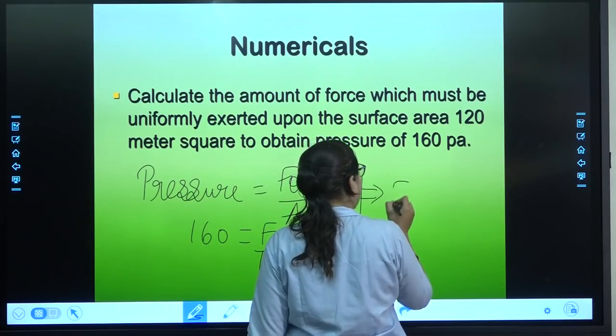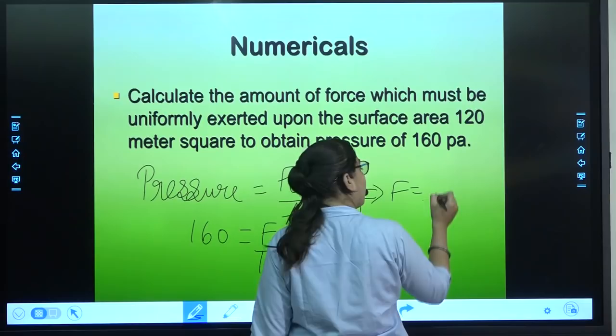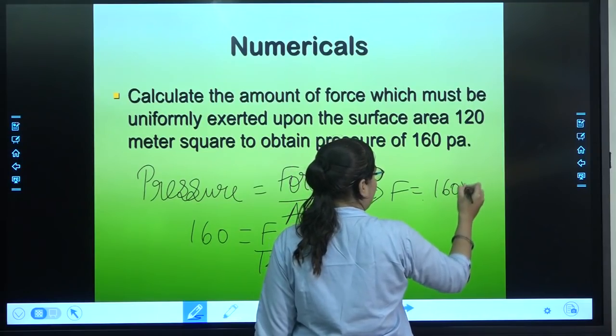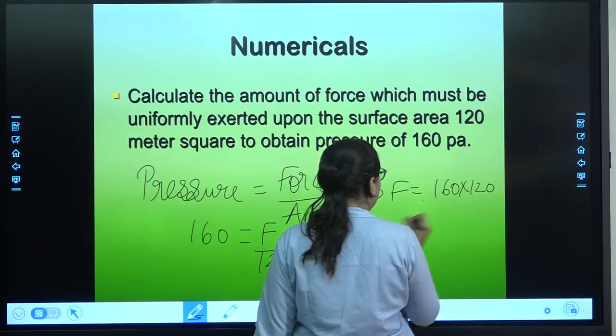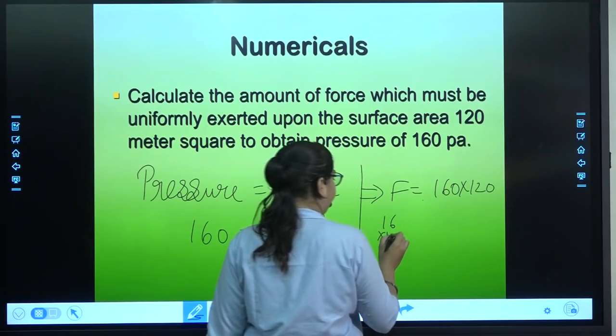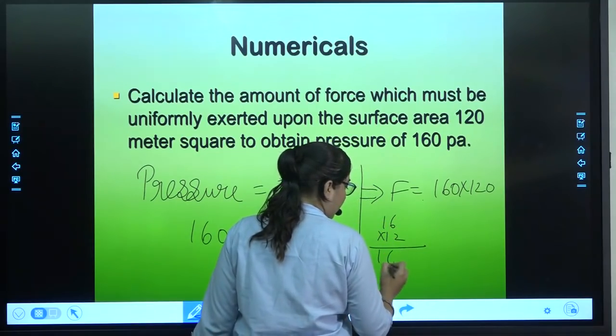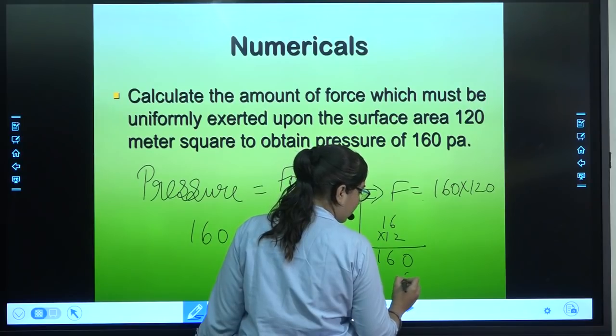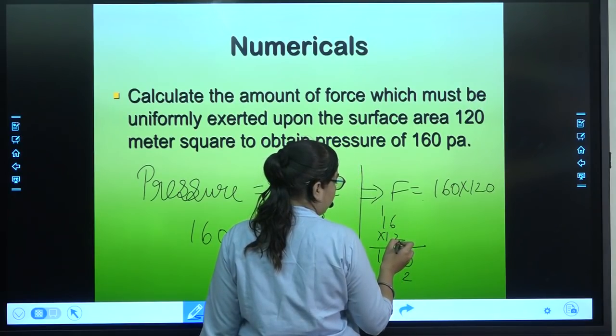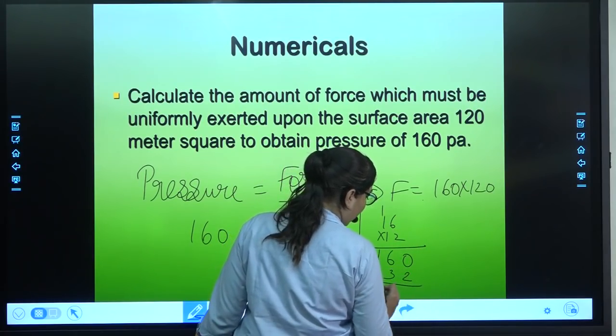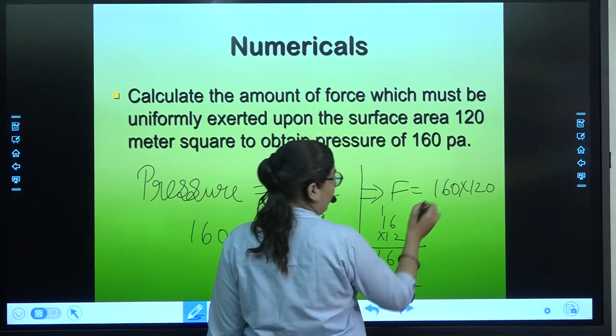This implies force is 160 into 120. So multiply 16 and 12. It's 192.